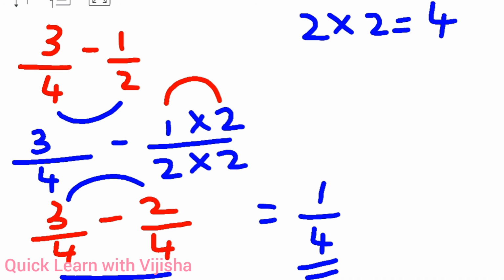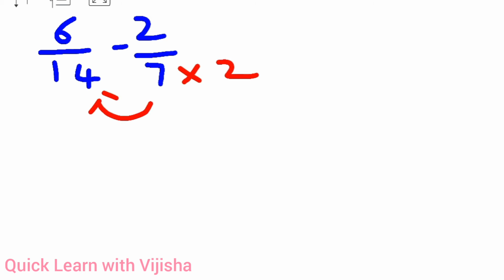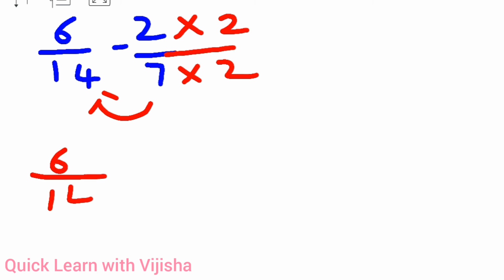Understanding, children? 6 upon 14 minus 2 upon 7. Now I think you would be finding it simple to solve the sums, like 7 twos will give you the answer as 14. Understanding? So we will multiply this side also with 2. Fine, students? So 6 upon 14 minus 2 twos will give you the answer as 4 and 7 twos will give you the answer as 14.